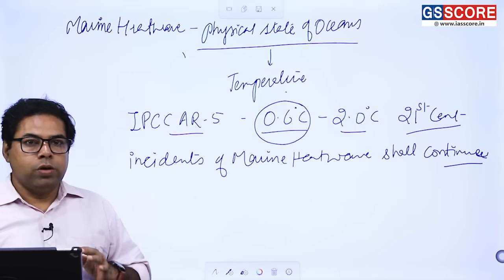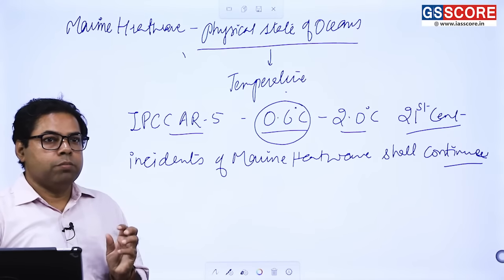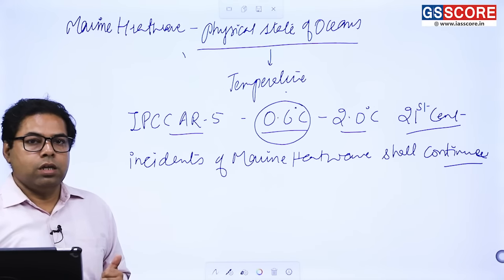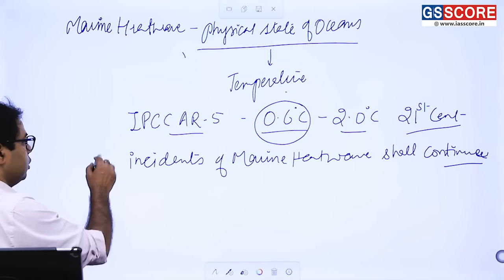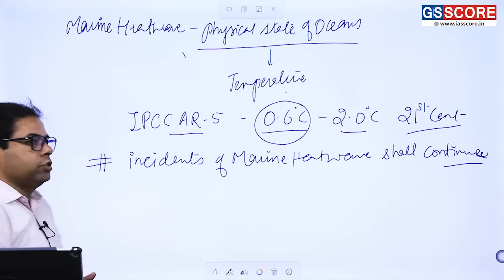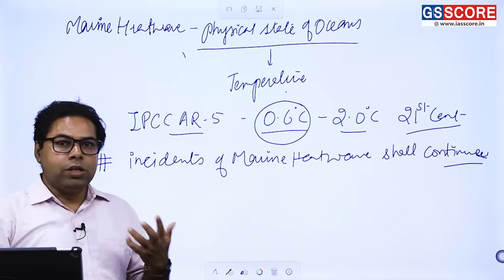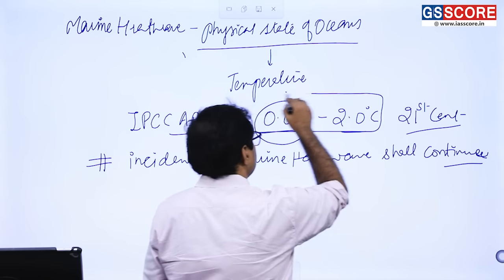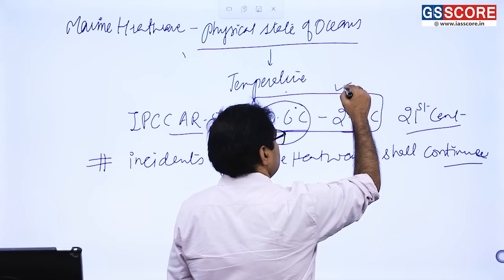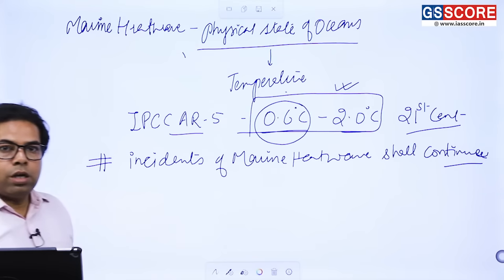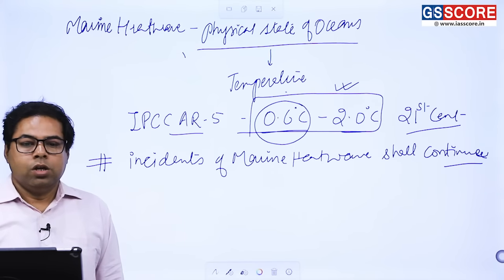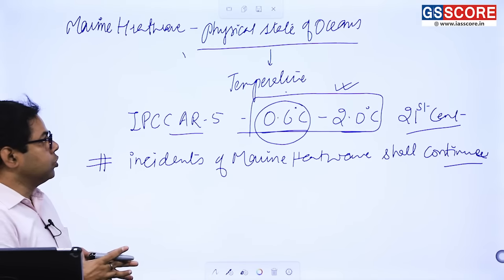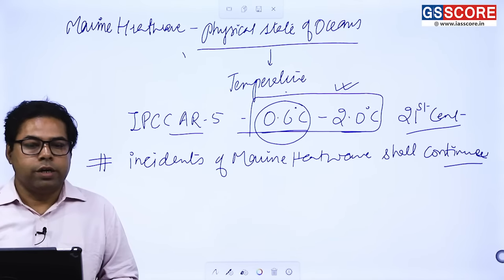So it is a very big destructive indicator. It is very bad news for the ocean's biology and the ocean ecosystem. A rise in ocean temperature at this rate in the 21st century shall bring big disasters in different parts of the world. So this is the destructive impact when oceans are heated.